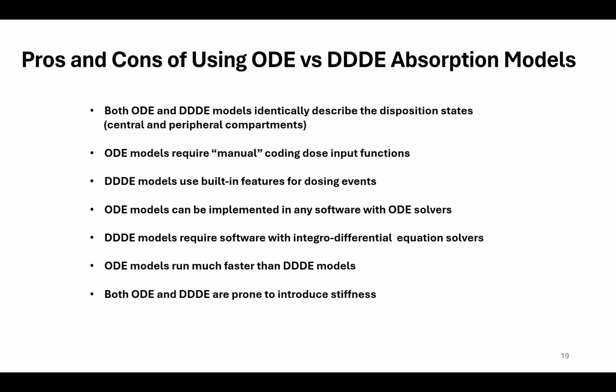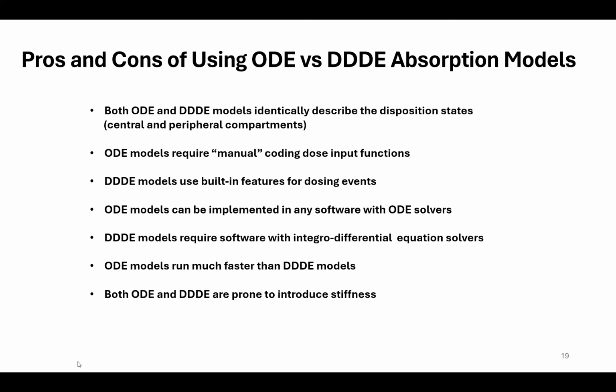I need to stress once again that although mathematically and mechanistically those two models are different, they differ only up to the input part. The disposition part of those models is described identically. So the values of the amount and concentration in the central and peripheral compartments with those implementations are mathematically equivalent.